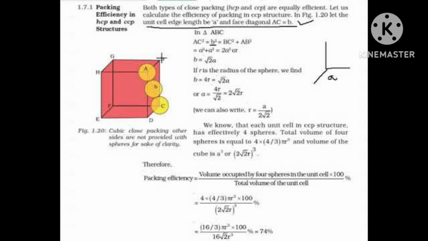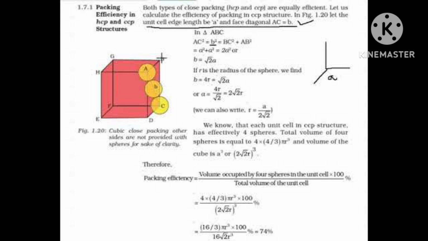Correct? And for A and C, on the corners A and C, one sphere is again there. Now you can understand the contribution.